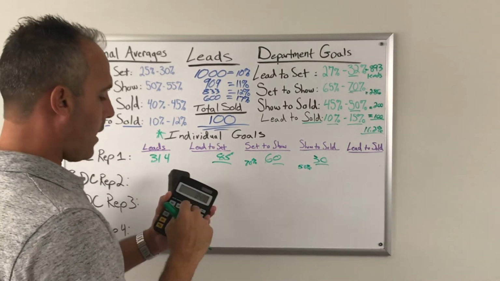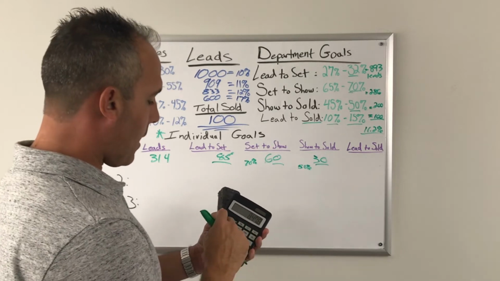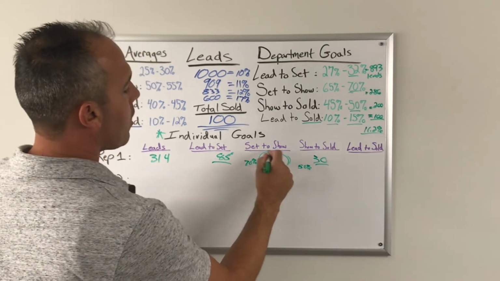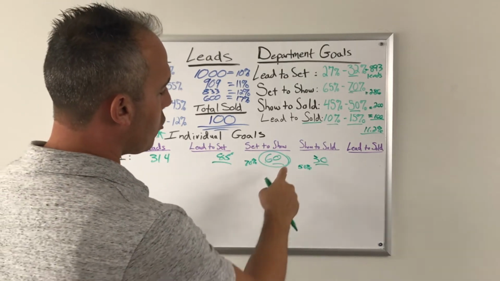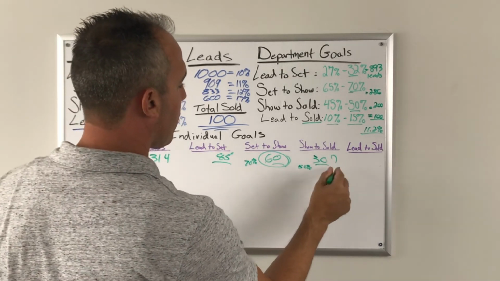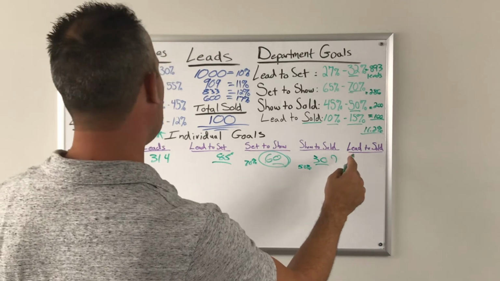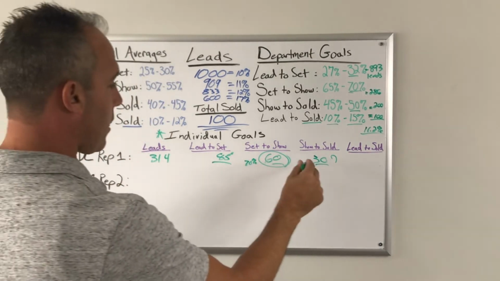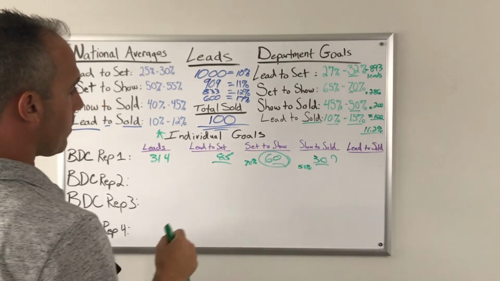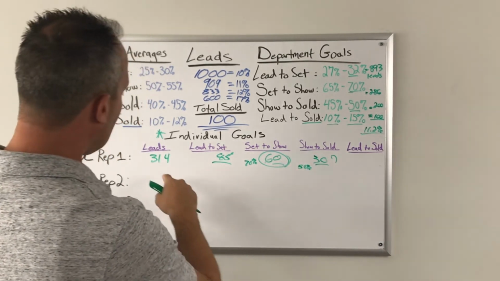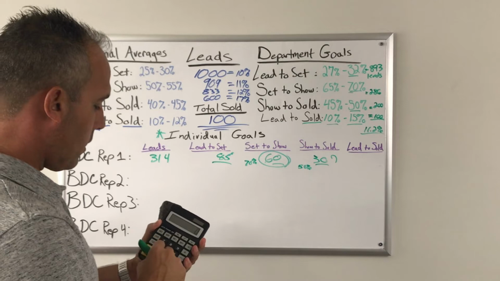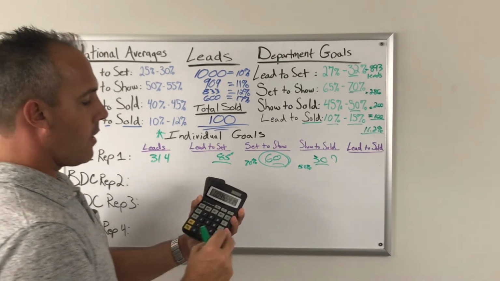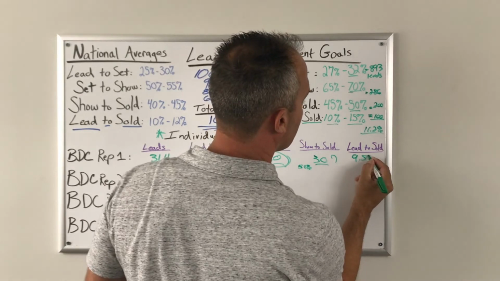And once you have 84.78, you multiply that by a 70% show ratio, 59.3, so 60 appointments are going to show. And if you close them at 50%, you're going to sell 30. And then right here, when you look at lead to sold ratios, you're looking at a little bit under 10%. So when you have 30 sales on 314 leads, you're at 9.55%.